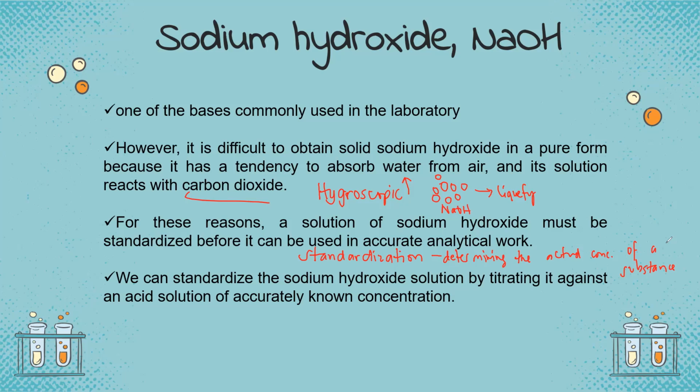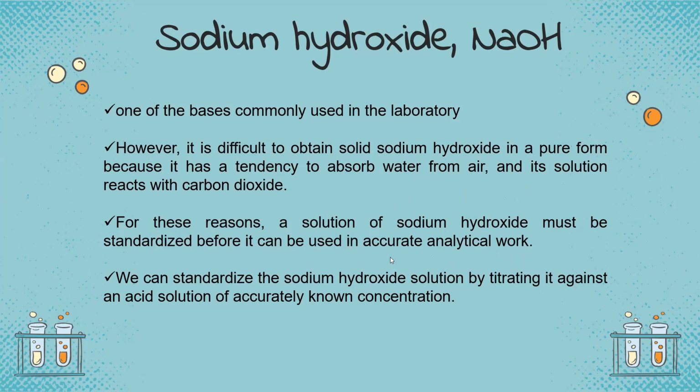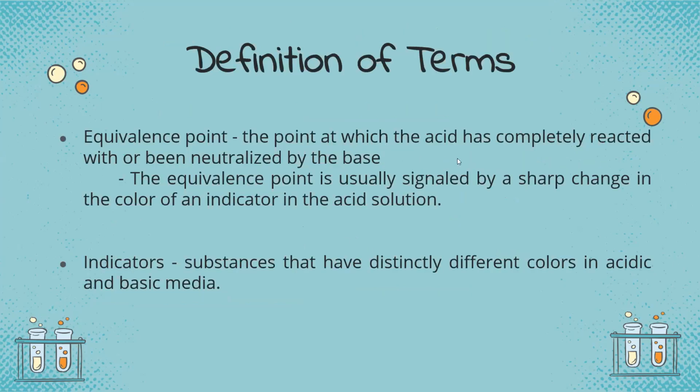And how do we do standardization? It's through titration. So yun yung ating lesson ngayon, titration. But we will just concentrate first with the acid and base titration. Kasi remember, sodium hydroxide is a base. So most of the time, we titrate it with an acid. So yun yung ginagawa natin for standardization.